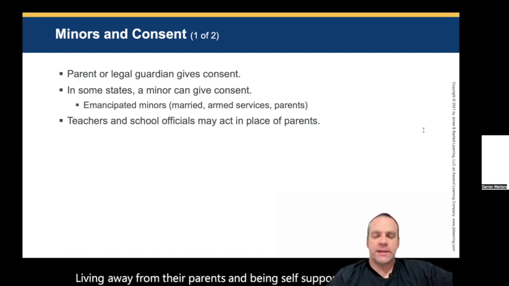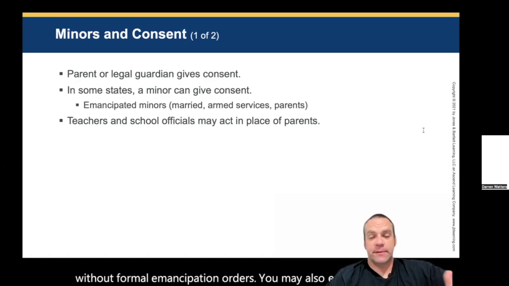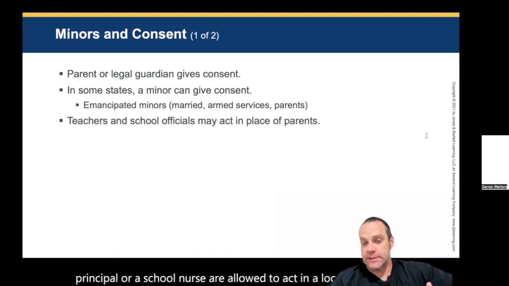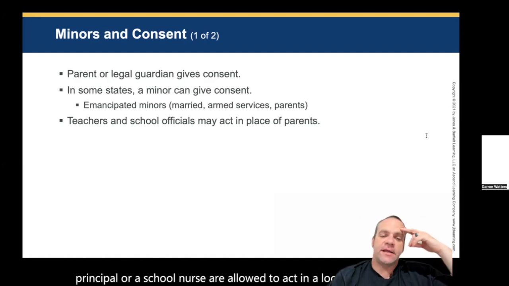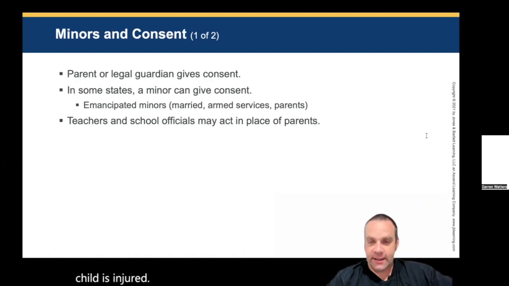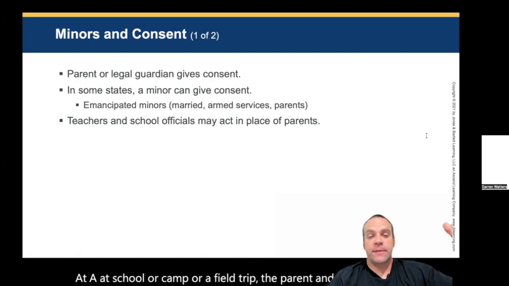You may also encounter situations where teachers or some type of school official, like a principal or a school nurse, are allowed to act in loco parentis, which really means in place of a parent. This means that if a child is injured at school or camp or on a field trip and the parent cannot be reached, a teacher or the administrator may give consent for emergency care.